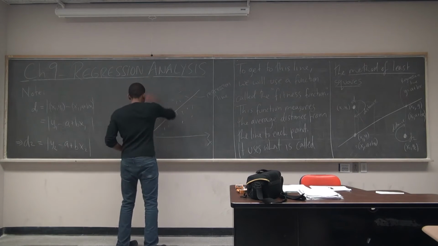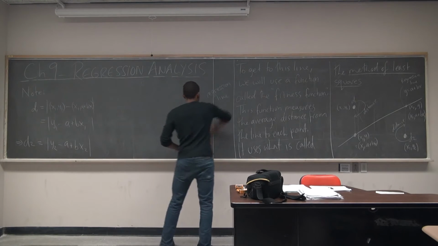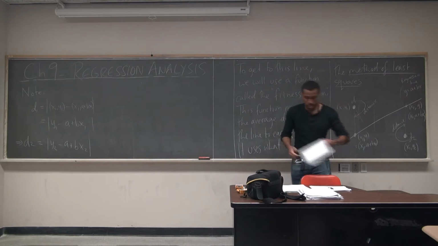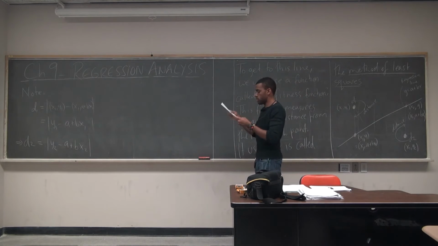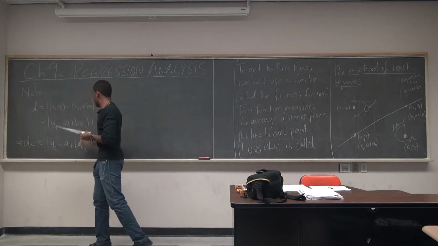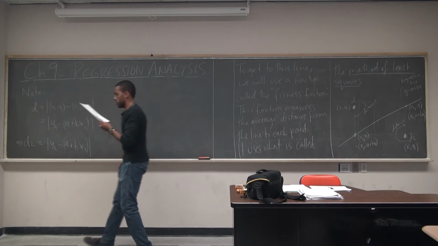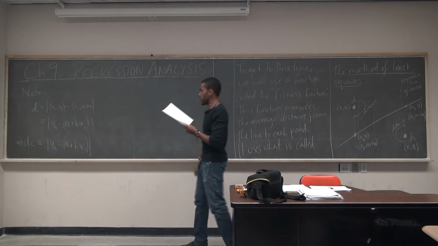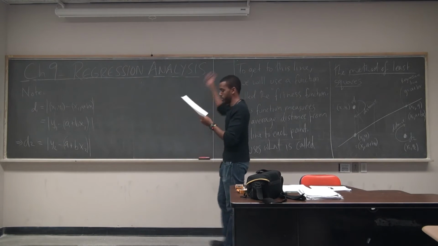We're going to use this to derive a formula for the fitness. Just want to make sure the notation is consistent with your text. Should be y1 minus a minus bx1. I want this in brackets. Yeah, I wrote it the other way where I didn't need brackets. I actually subtracted the y1, but it's absolute value, so it doesn't matter.